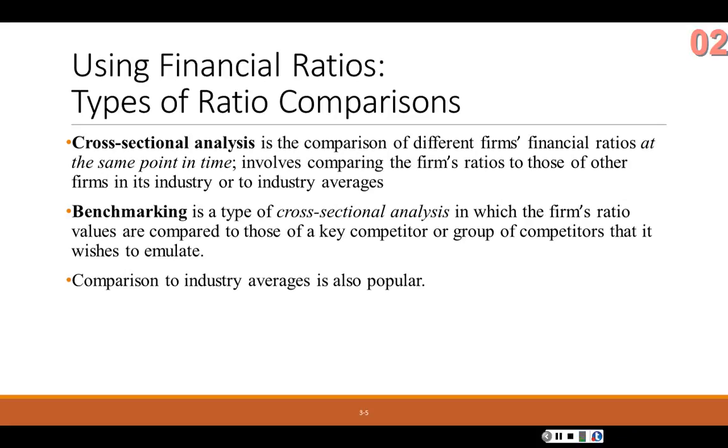the two ways that you can compare either an industry to itself or to others. So a cross-sectional analysis is the comparison of different firms' financial ratios at the same point in time. So you're comparing one company to its competitors at the same point in time.